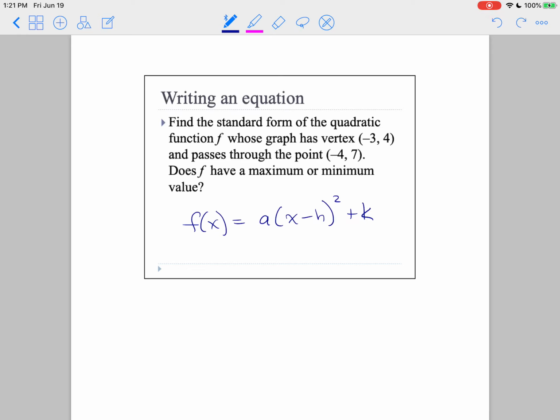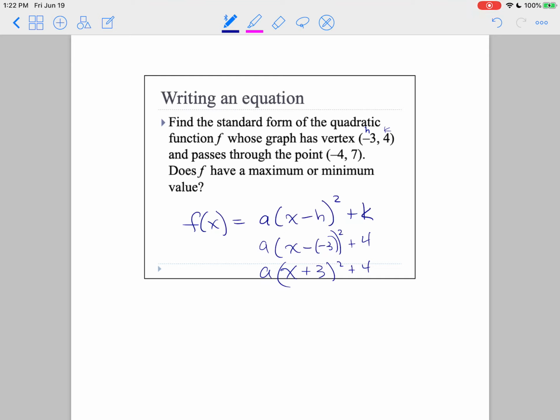Since this vertex has an x-coordinate that is negative 3, this is h. h is negative 3. And so we have an x minus a negative 3, which I'm going to write as (x + 3)². And then k is 4, and the plus is there, so that's just plus 4. And then we still have this a value that we need to find.